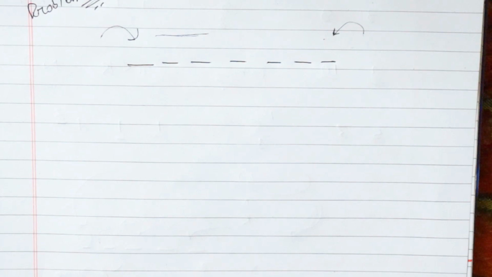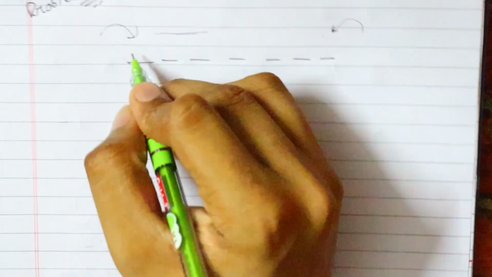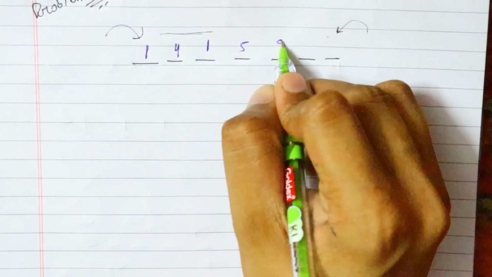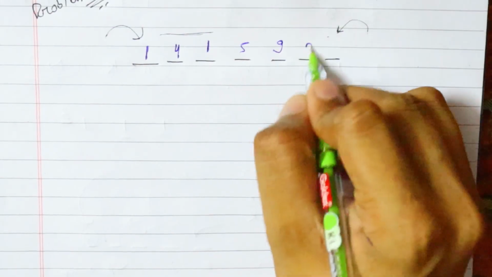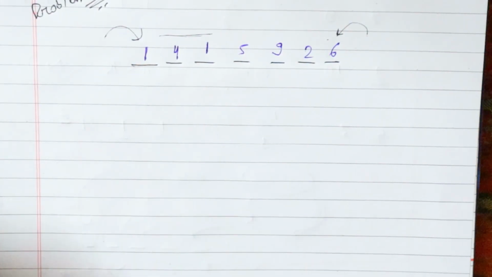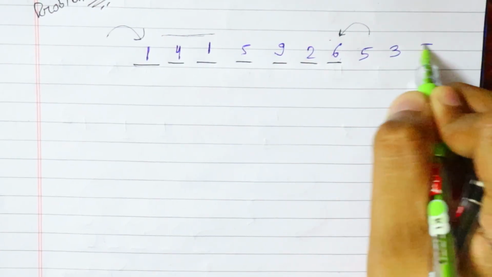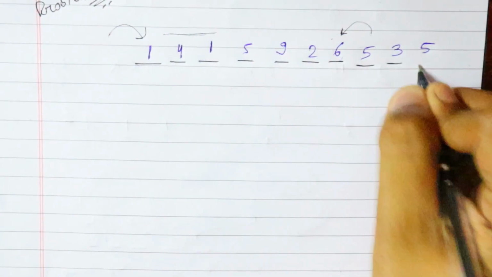So let's very quickly move to the approach. Let's have an example: 1 4 1 5 9 2 6 5 3 5.